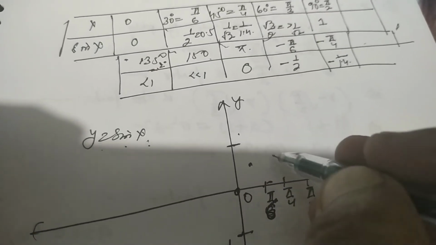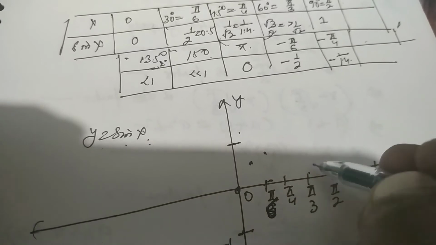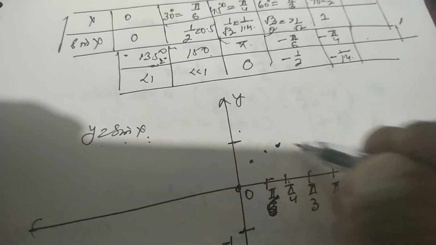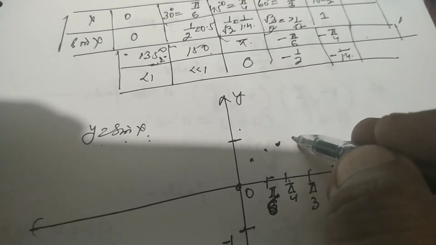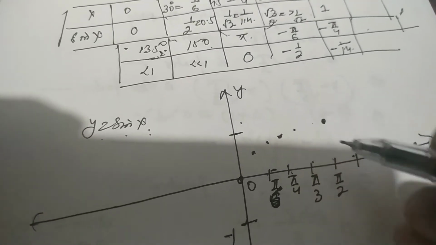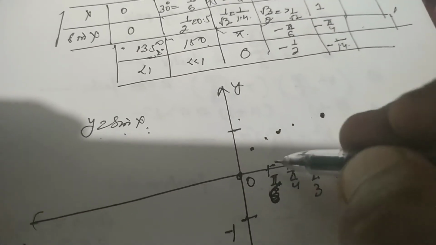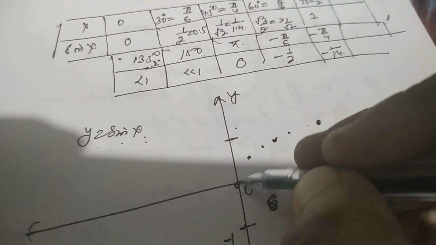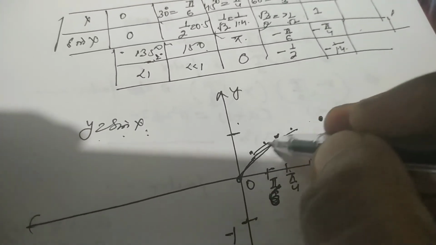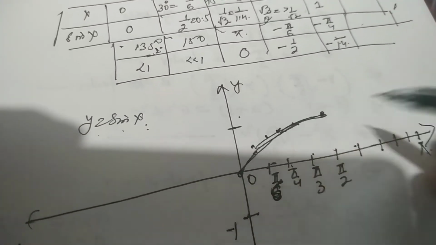At π by 4 it changes slightly, and π by 3 changes again, and π by 2 is 1. If you draw this graph, it changes slowly, not rapidly.